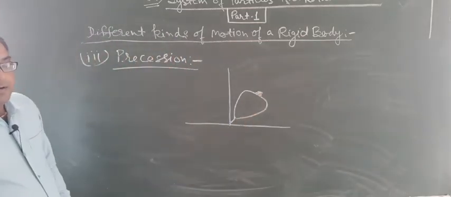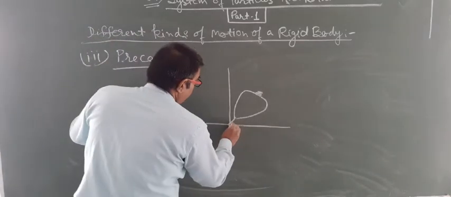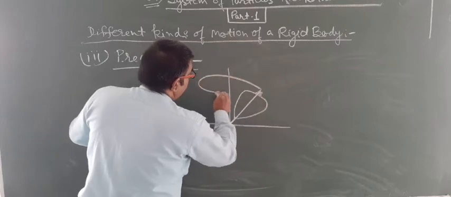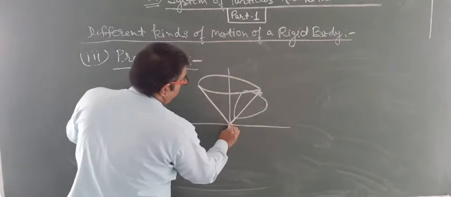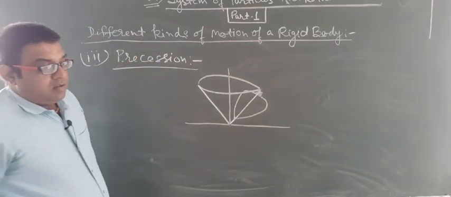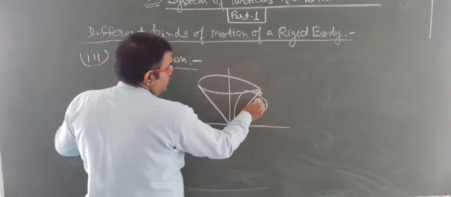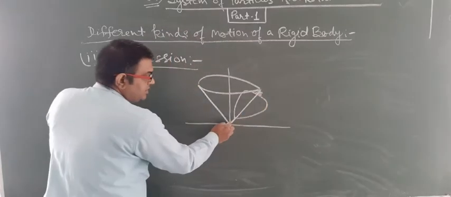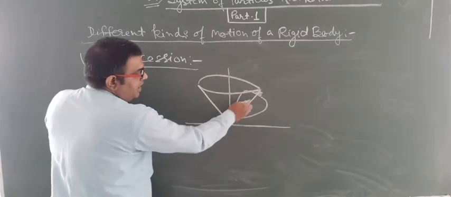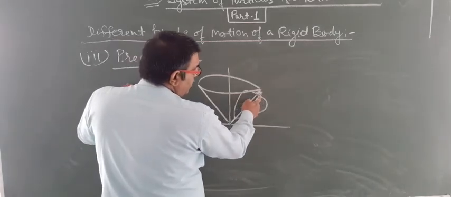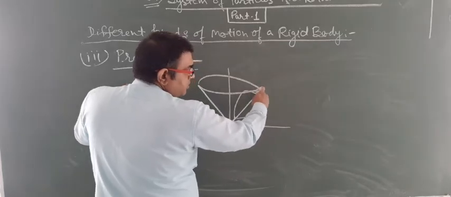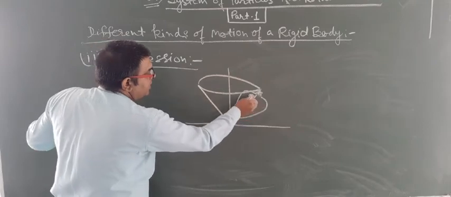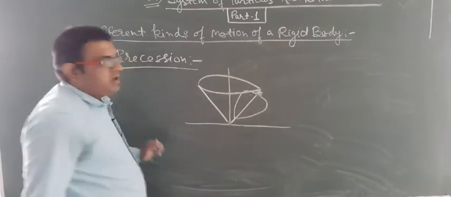And what will happen with the top? Okay? So you will see that this axis is fixed, and the uppermost part of this top is doing a circular motion, and similarly the other parts are moving in this way.